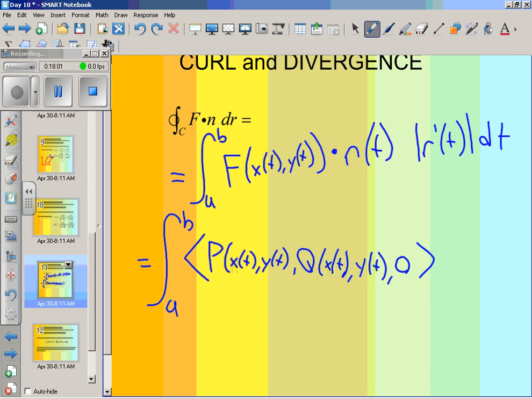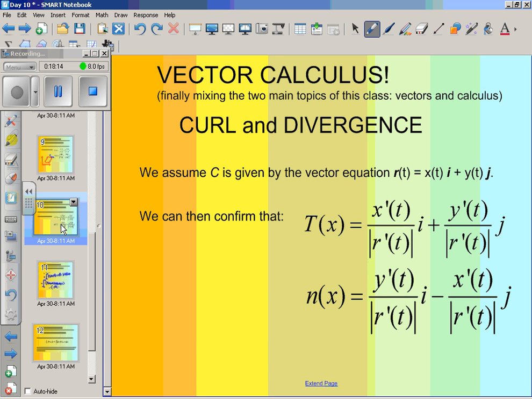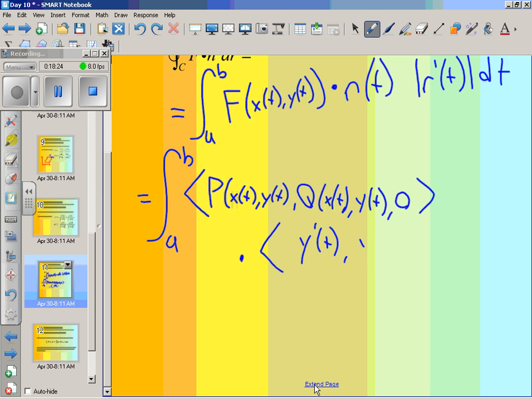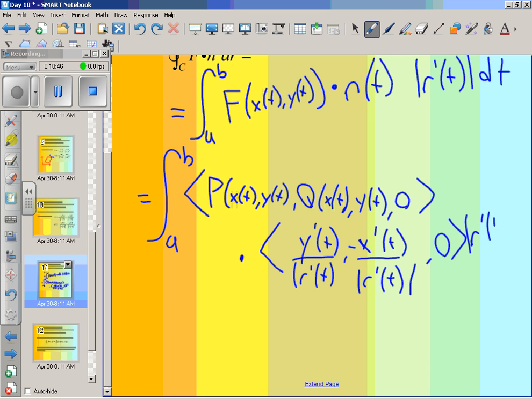And then we said that that normal vector was y prime of t and then negative x prime of t. Right. So we're going to have negative x prime of t. Those things are divided by the magnitude, and then 0 for the third component. And then we're still going to multiply by the magnitude of r prime of t.